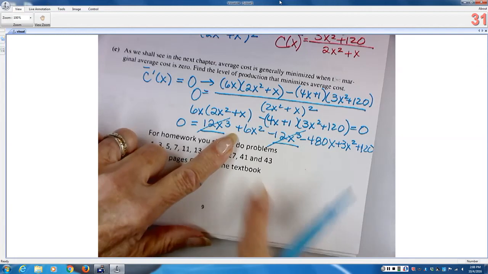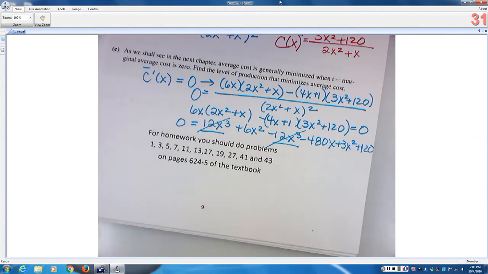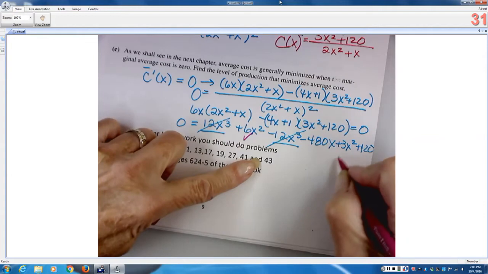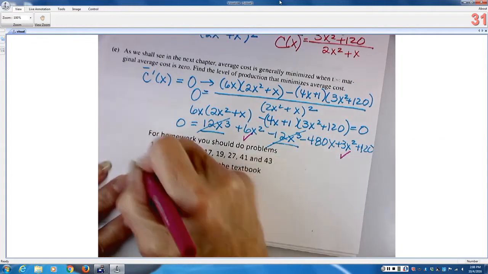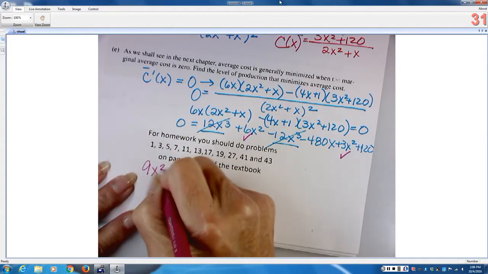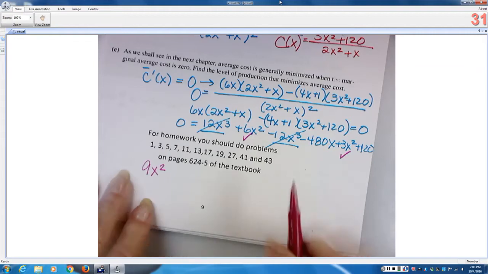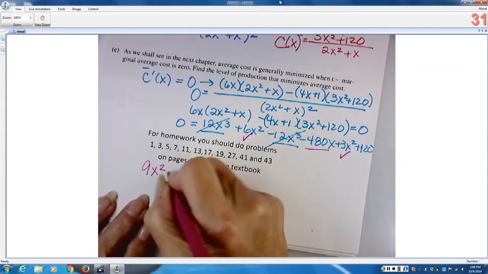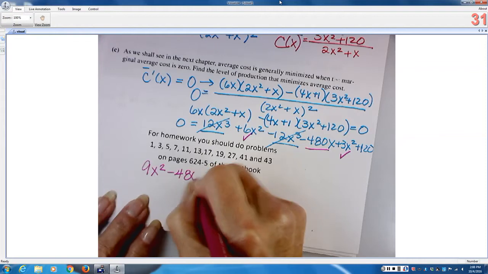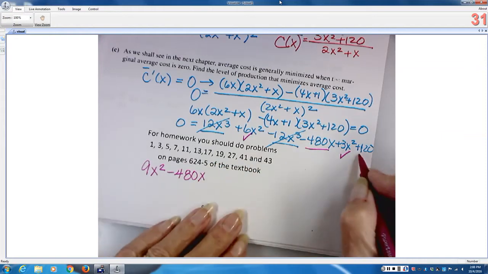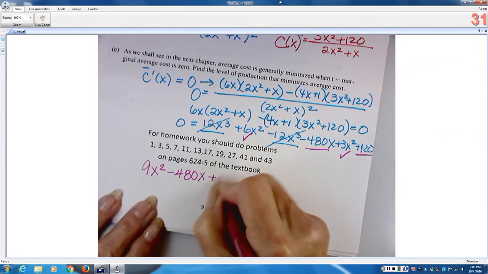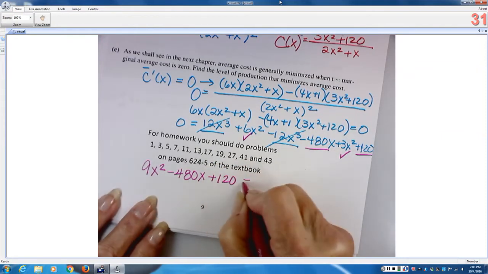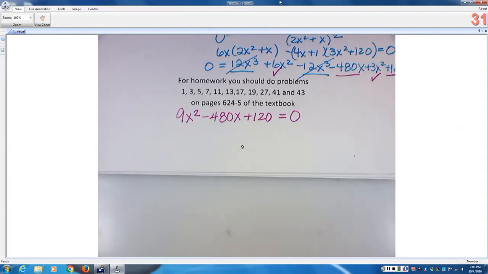So then looking at what we've got left, 6x squared plus 3x squared, 9x squared, minus 480x, plus 120. So I need to solve that equation.